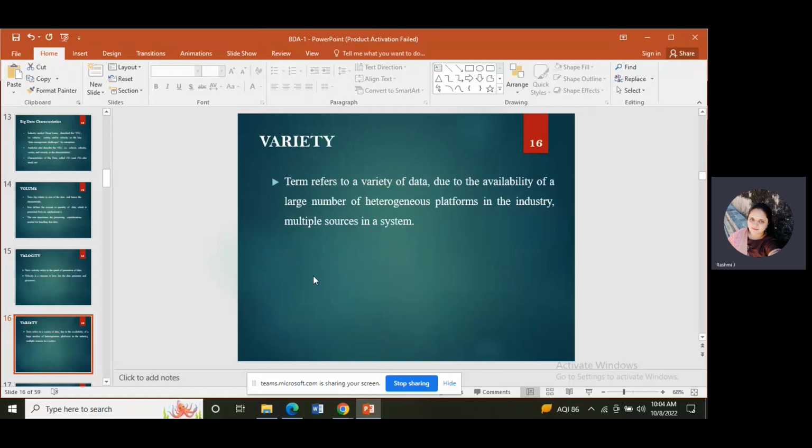Heterogeneous means different platforms. Here we consider big data processing data from different platforms. This characteristic helps in the effective use of the data according to its format, thus maintaining the importance of big data.